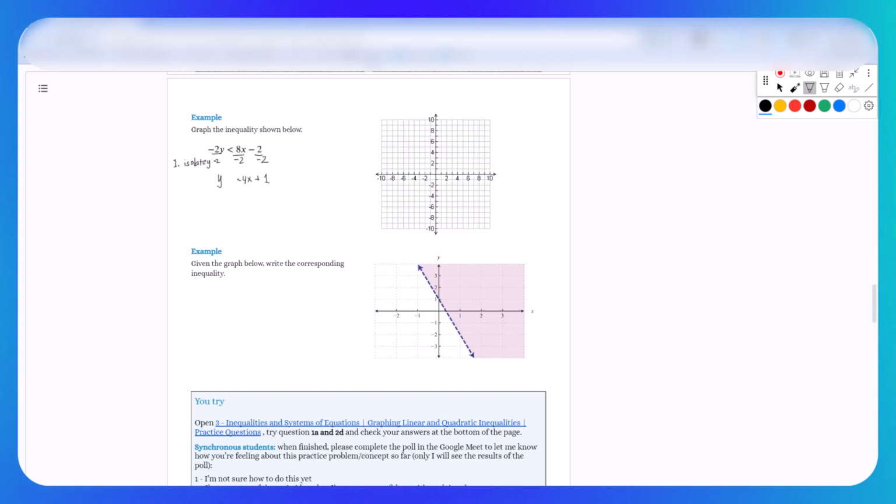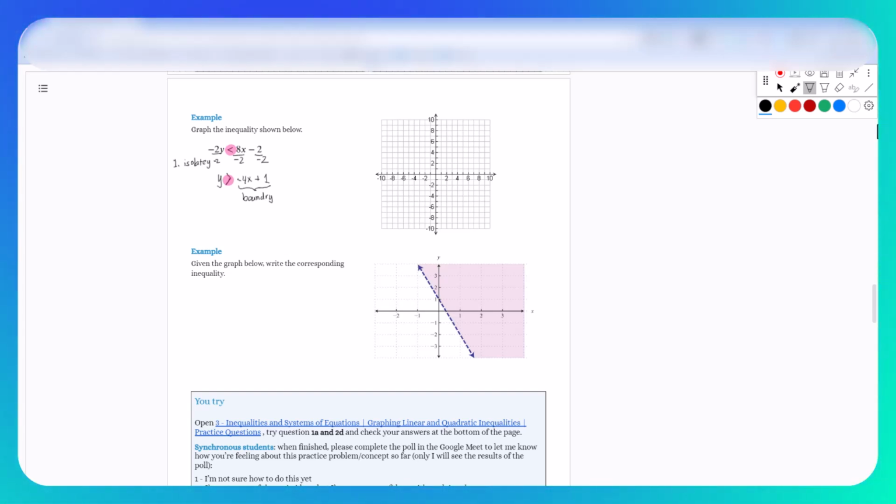Now in this case, I want to change the sign because I divided by that negative number. So take care when you do this that you check that if you multiply or divide by a negative, you flip the sign. Now this part here, this negative 4x plus 1, is our boundary of the solution region.